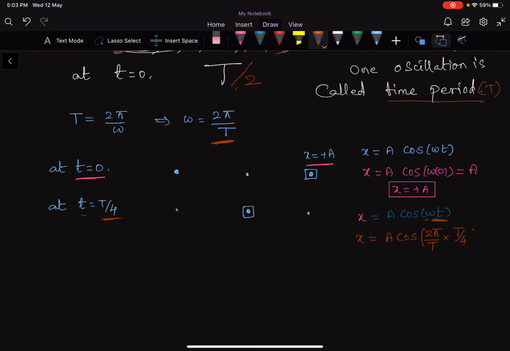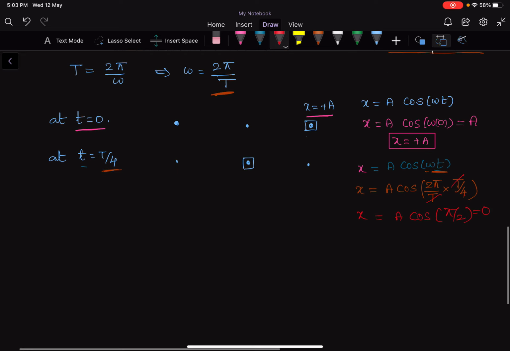This T and this T cancel out, and 2 pi by 4 is pi by 2. Therefore x equals a cos of pi by 2, that is cos 90, and cos 90 equals 0, so 0 into a is 0. So x equals 0. After T by 4 seconds, the particle will come to the x equal to 0 position.